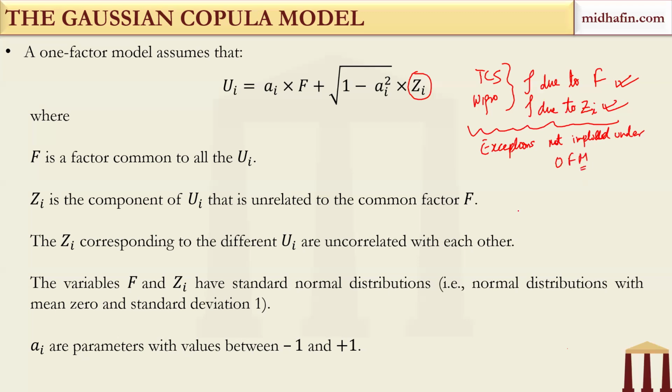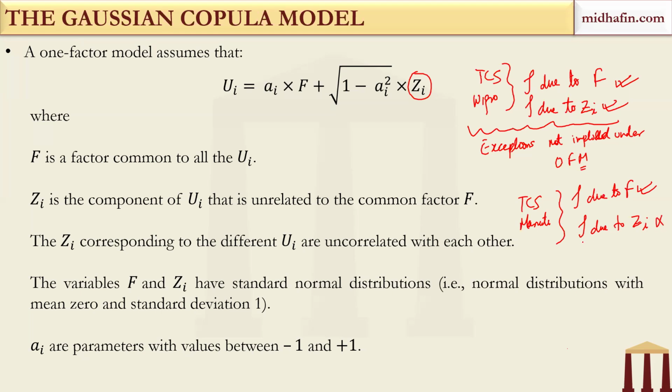But in general, if you talk about the correlation between TCS and Maruti, what do you think? Of course, there will be a correlation due to F, but will there be correlation due to an idiosyncratic factor? Will they have too many company specific common factors?